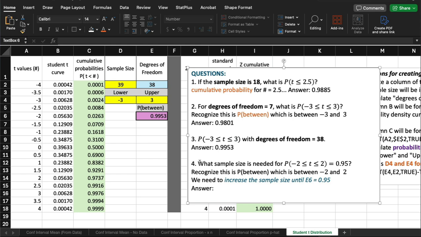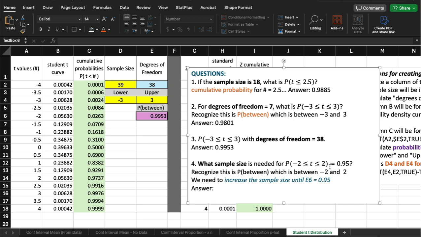So now question 4 is kind of turning things upside down. It's asking for the sample size. What sample size is actually needed if we want the probability of a t-score being between -2 and +2? So now we're even shrinking the interval.